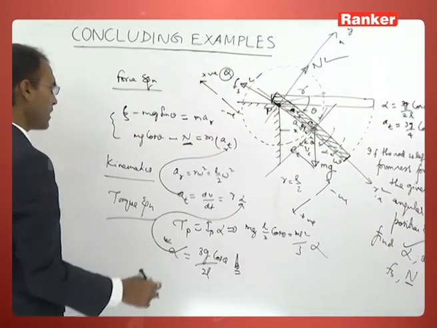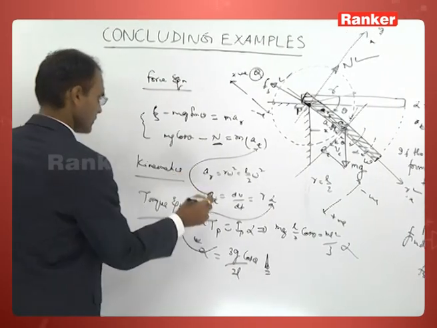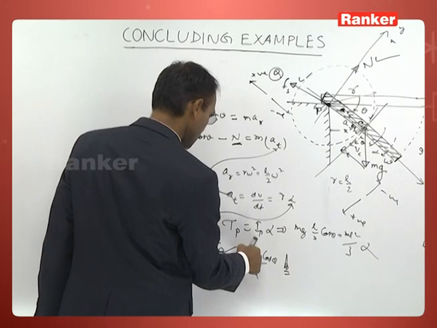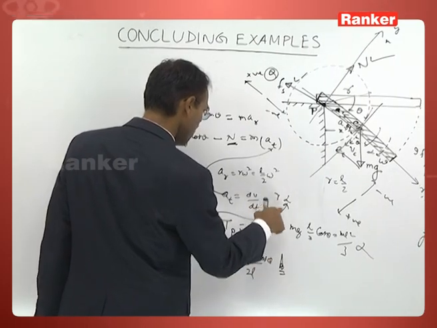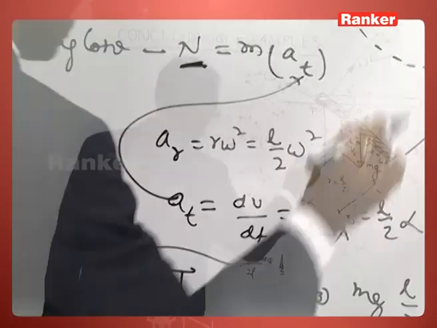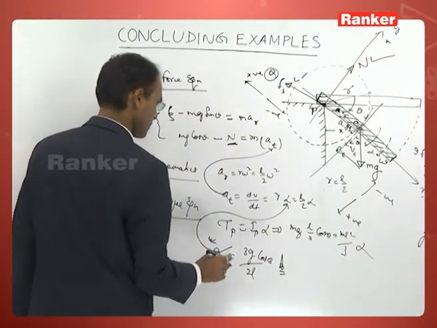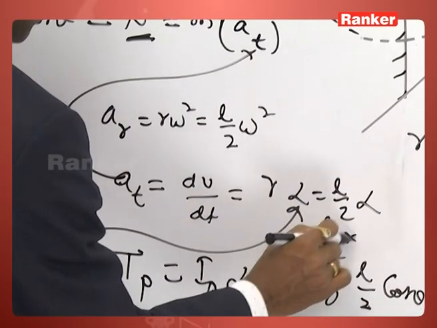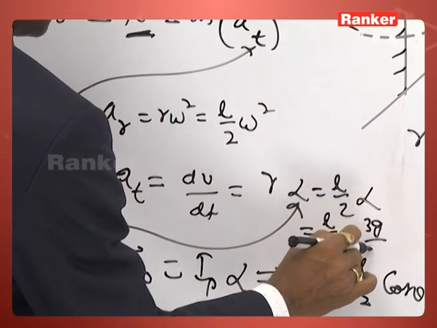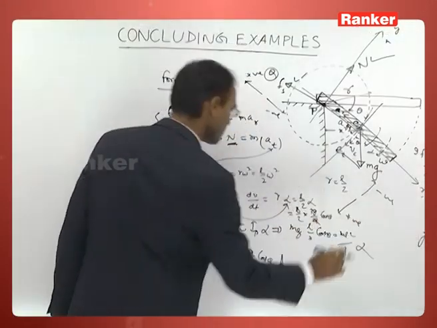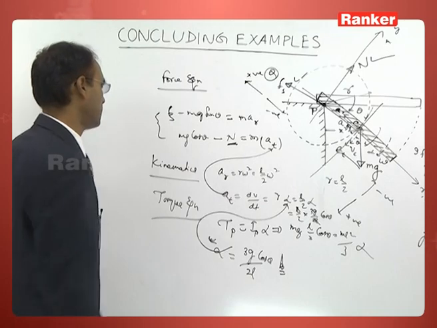Let us calculate the normal reaction now. When you substitute alpha, how much you are getting? 3g by 2L into cos theta, into R is equal to L by 2. So, substitute now L by 2, alpha will be equal to 3g by 2L into cos theta. You are getting 3g by 4 cos theta.